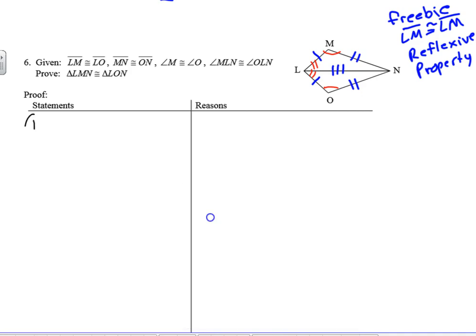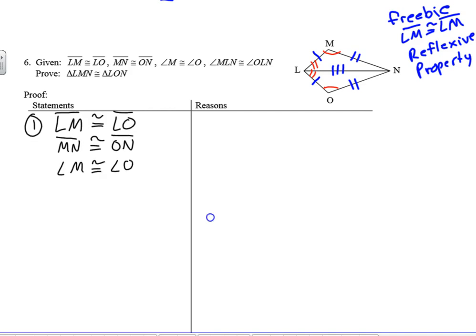We're going to start, obviously here a lot of this is given to us. LM is congruent to LO. MN is congruent to ON. Angle M is congruent to angle O, and angle MLN is congruent to angle OLN. Okay, and that's given.